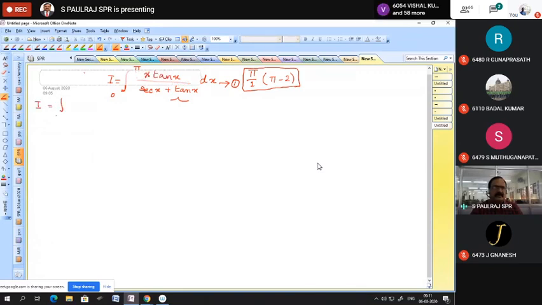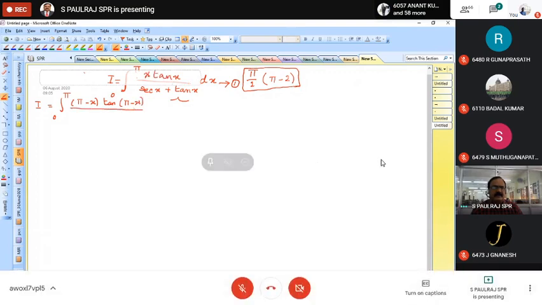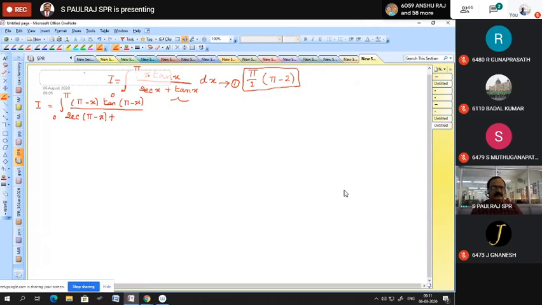This is equal to integral 0 to pi of (pi minus x) into tan (pi minus x) divided by... So this one we have to simplify.